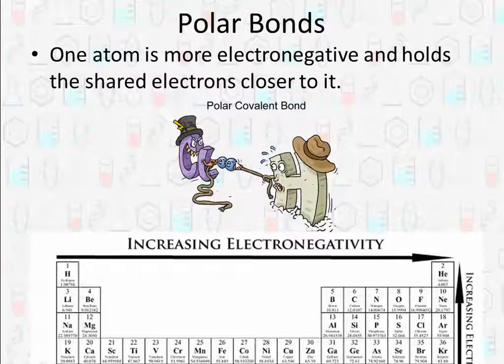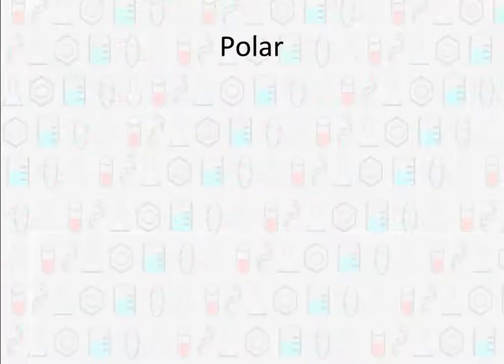Hydrogen gave its electron, and chlorine gave one of its valence electrons to pair up with hydrogen's electron, but chlorine is really electronegative. It's greedy. It's bigger and it sucks the electrons onto its side, farther from hydrogen. And that's what makes a polar bond.